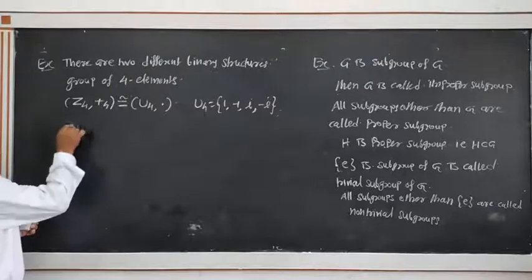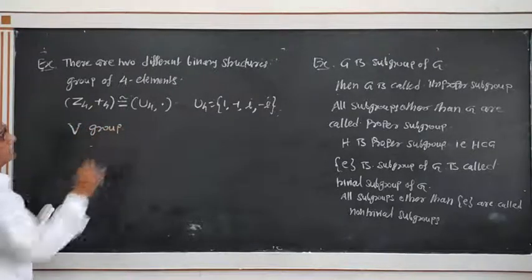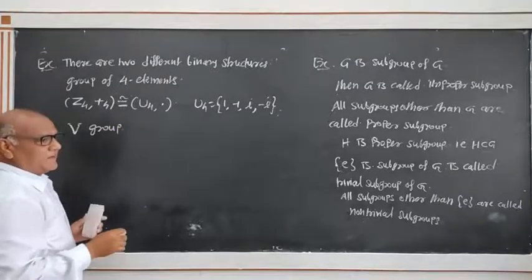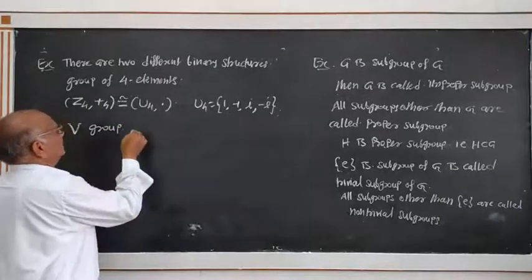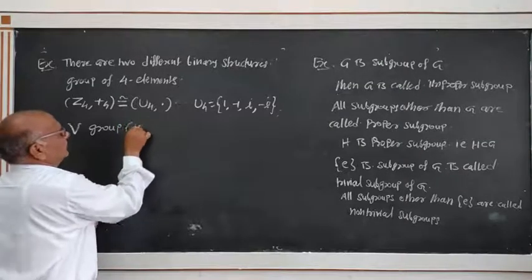Now, the next group, the V group, that means the Klein 4 group.